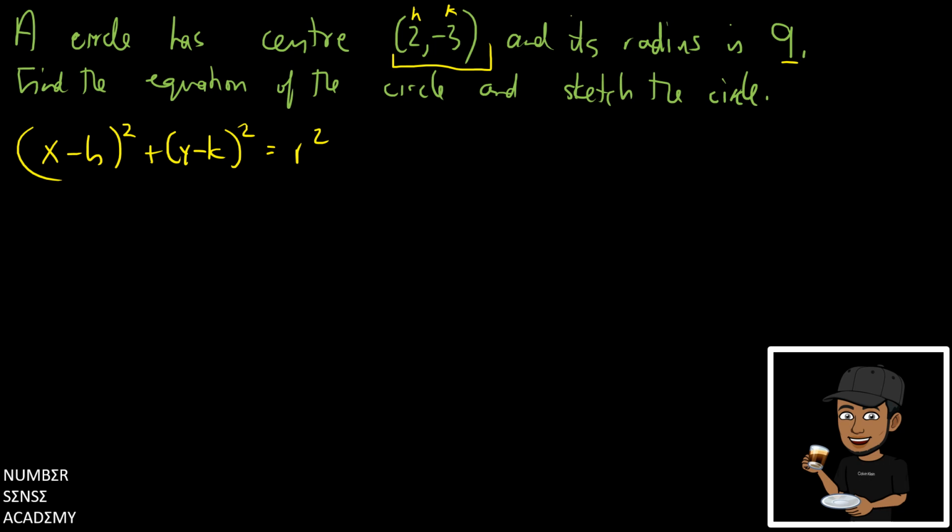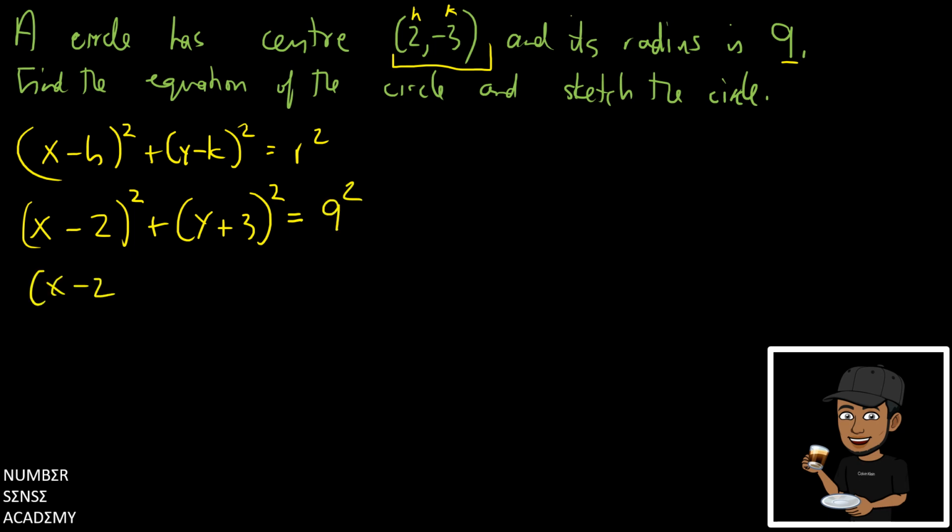So it's going to be x minus 2 squared plus y minus negative 3, which is y plus 3 squared, equal to 9 squared. You want to solve for the radius, so you get x minus 2 squared plus y plus 3 squared equals 81.